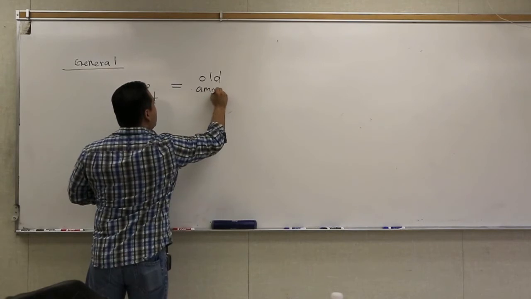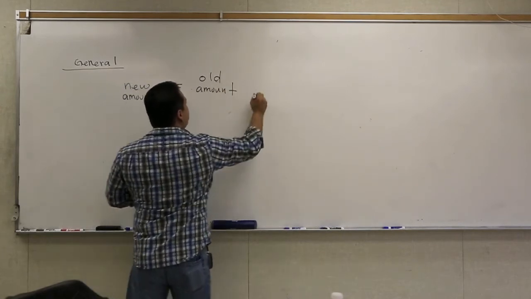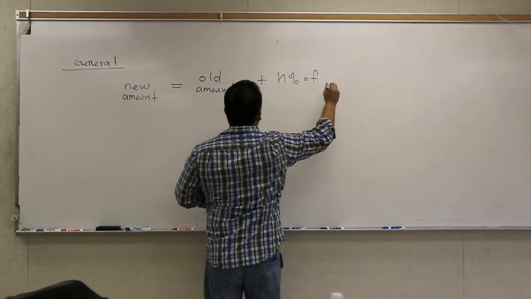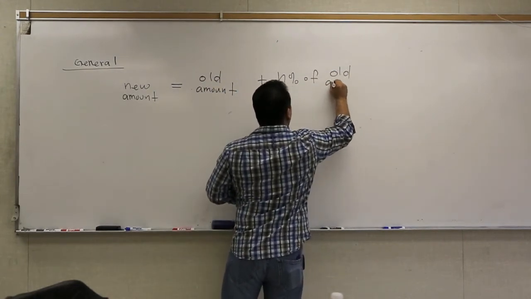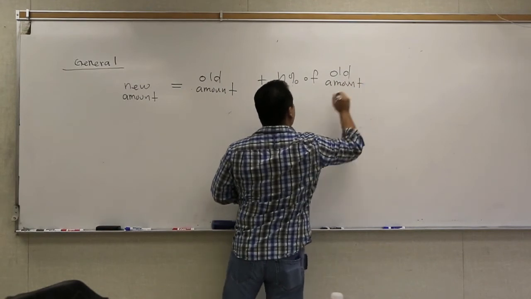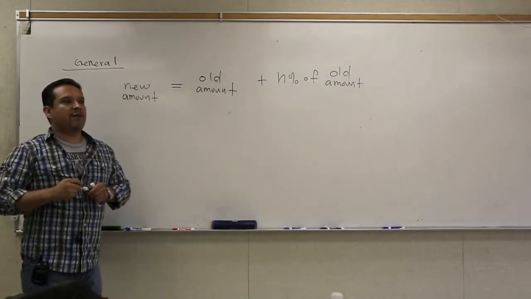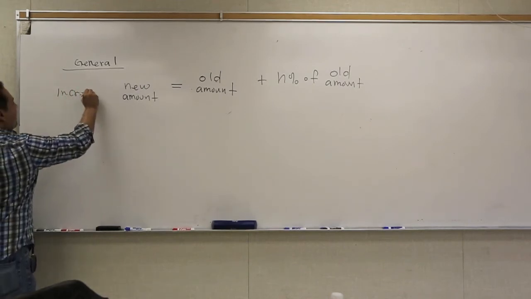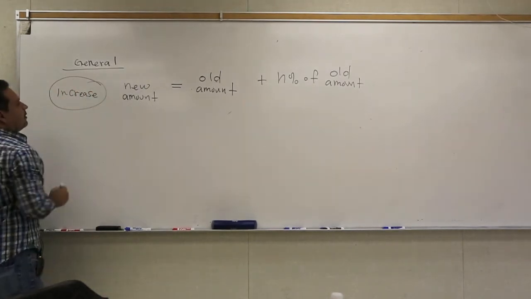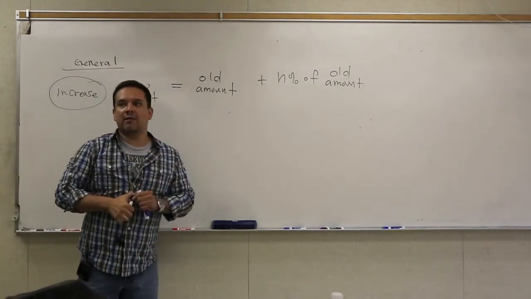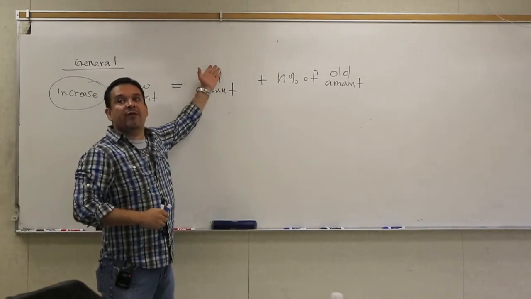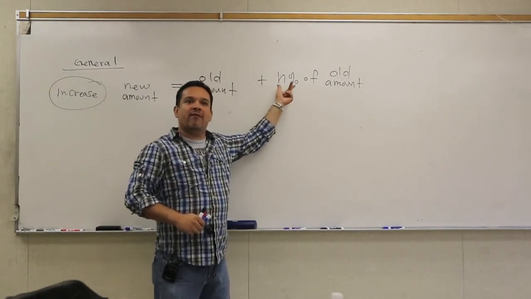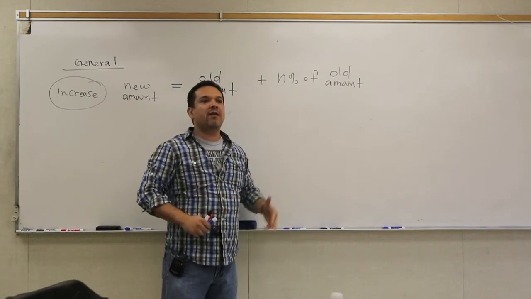It's an old amount plus n% of the old amount. This is very, very simple in a way. This represents what we call an increase. Would you guys believe that that's an increase? How do you know this is an increase? Because you're starting with the old amount and you're adding a percentage of the old amount. That gives you an increase.